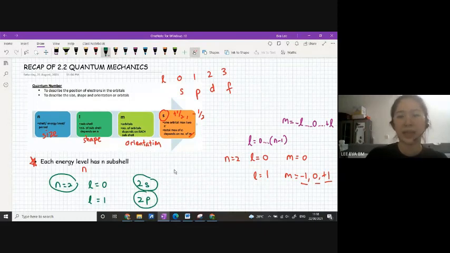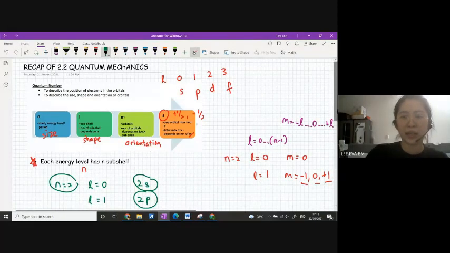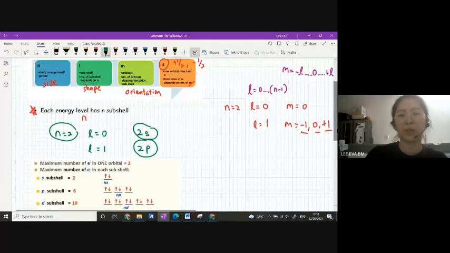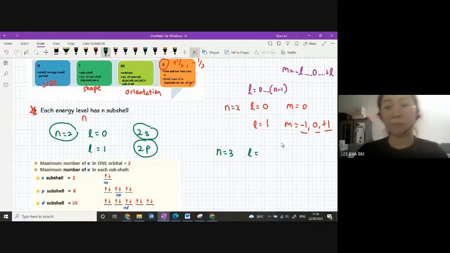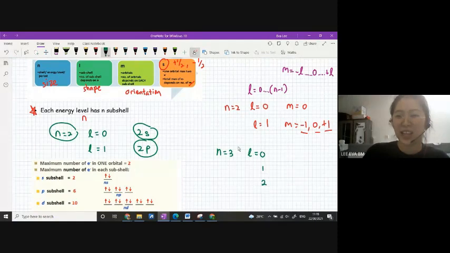This is how we say it: in energy level 2, we have 2 subshells. Or you can make another example, we take 3. Kalau dia adalah 3, l, what is the value? What is the value of your l? 0 sampai 2. Okay, so n equals 3, what are your subshells?